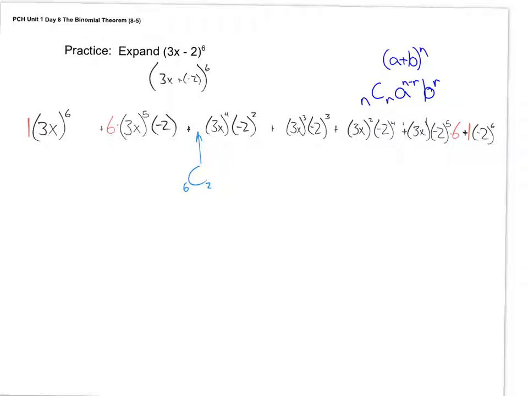Y is to the second degree. Okay, good. Remember, it's n choose r, right? And r is always the exponent of that second term. Okay? Well, here, r is going to be 2. Okay? So 6 choose 2, and now we're using our formula. Our formula, remember, is n factorial over n minus r factorial times r factorial.